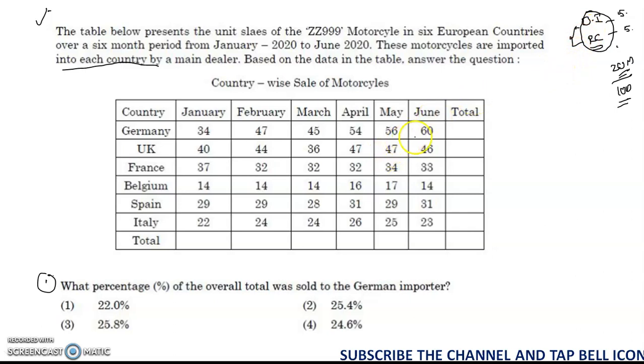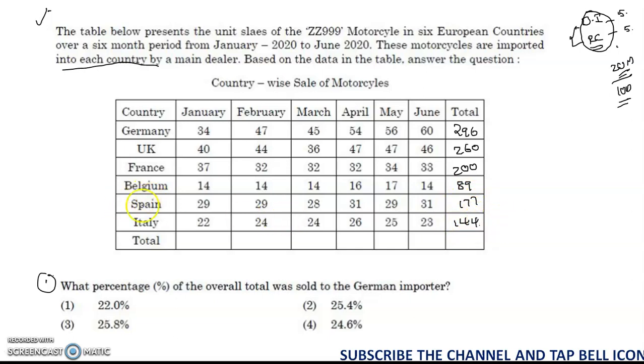Fine. Okay. So coming to this one here, in Germany in all the 6 months how many imports happened, and in the UK in all the 6 months how many imports happened. That one is shown, and here I calculated the values, guys. You too can calculate. If I calculate for Germany including all the months, I got 296, and for the UK 260, for France 200, for Belgium 29, Spain 177, and Italy 144.